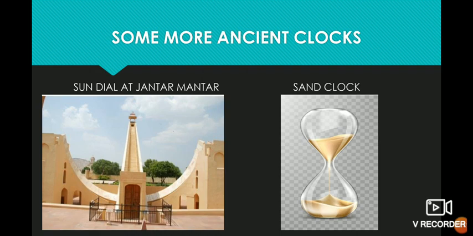In this particular picture, you can see the shadow falling on the right hand side, so it is probably just after midday, around between 1 to 2 o'clock. In the morning, you will have the shadow falling on the left hand side, and in the afternoon, you will have shadows falling on the right hand side.